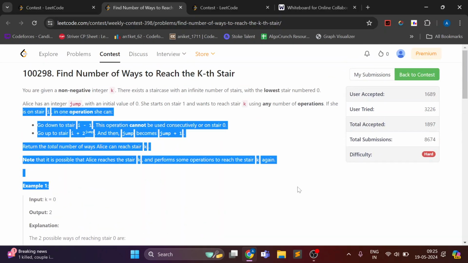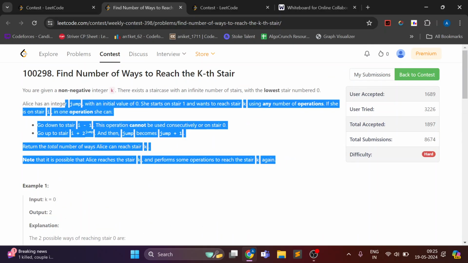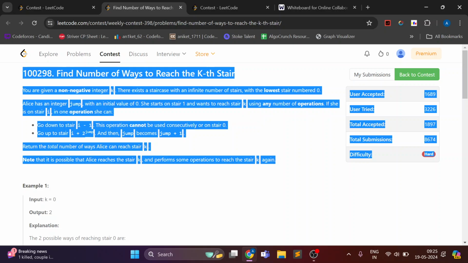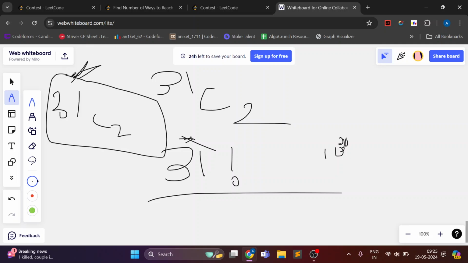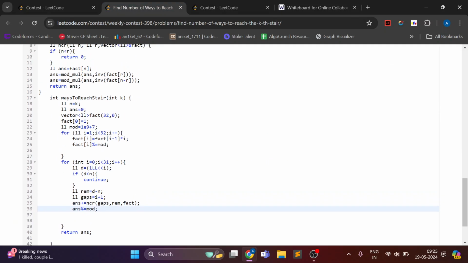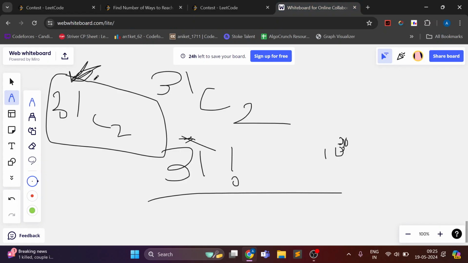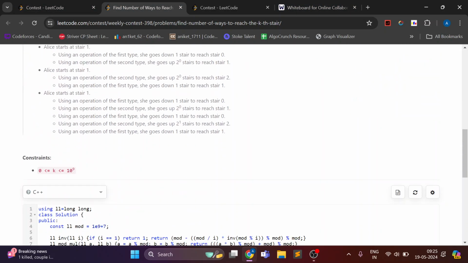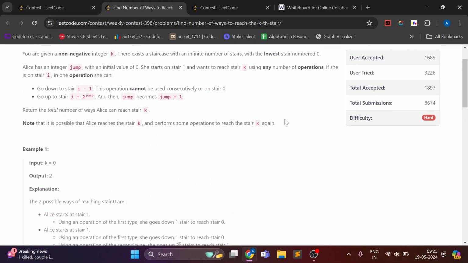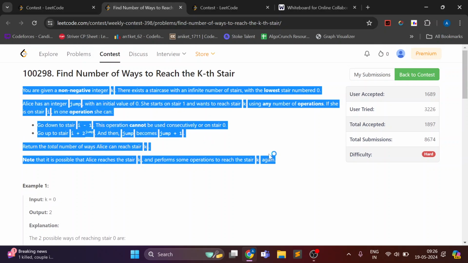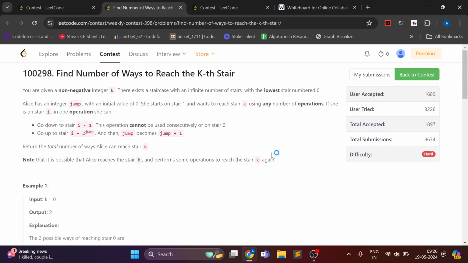Now in this question there was no need of taking mod, meaning considering this condition of 31C2, I don't think this would come in this question, or it might come, but I couldn't find such a case, or I just assumed that they didn't write 1e9 plus 7 in this question, because if you think of all possible combinations, they might go above integer.